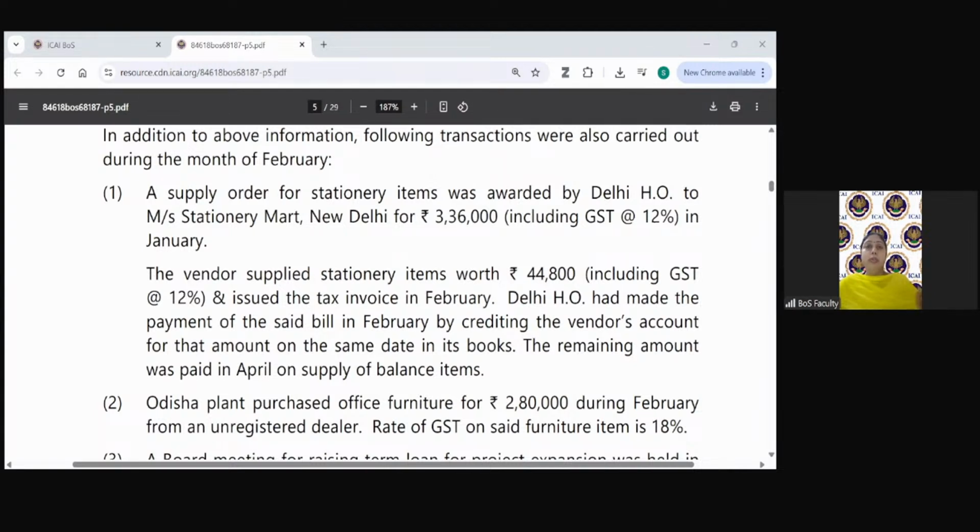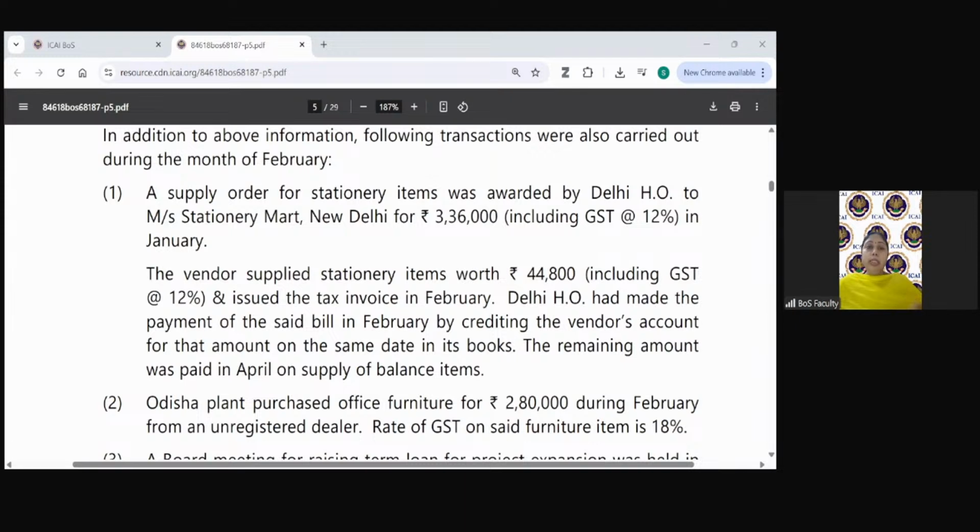So I told you that there will be certain points where you might get stuck. This is one of those: you do not have to deduct TDS from the entire value of 3,36,000, or excluding GST. You have to deduct TDS from the value for which you are making the payment.